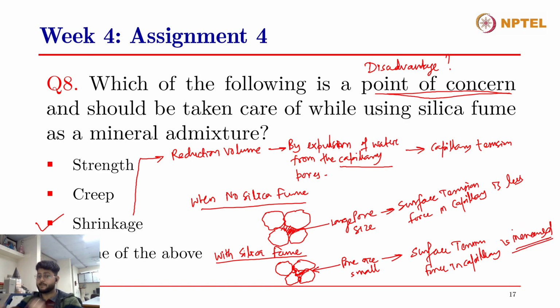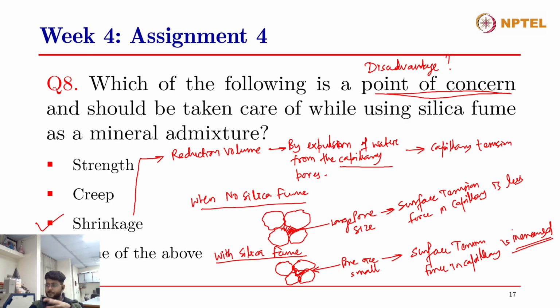right? And when the tensile force in the capillary is increased, now in the previous case it was a lesser force, so only a less amount of water was going to be expelled due to the shrinkage. But now since the force is higher, it is going to expel more water from the capillary pores.